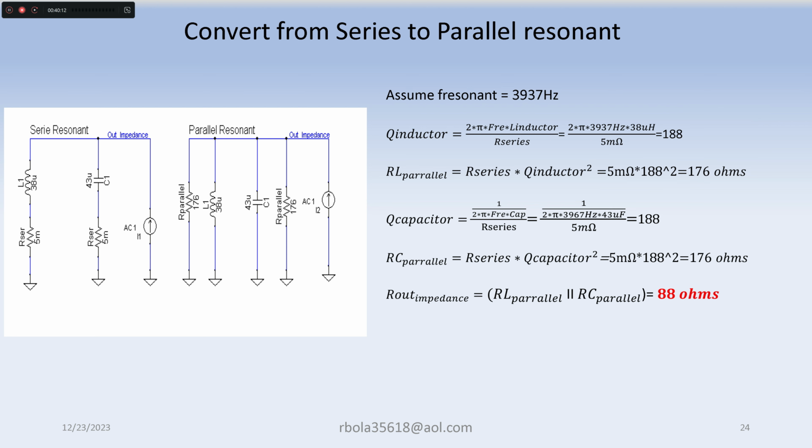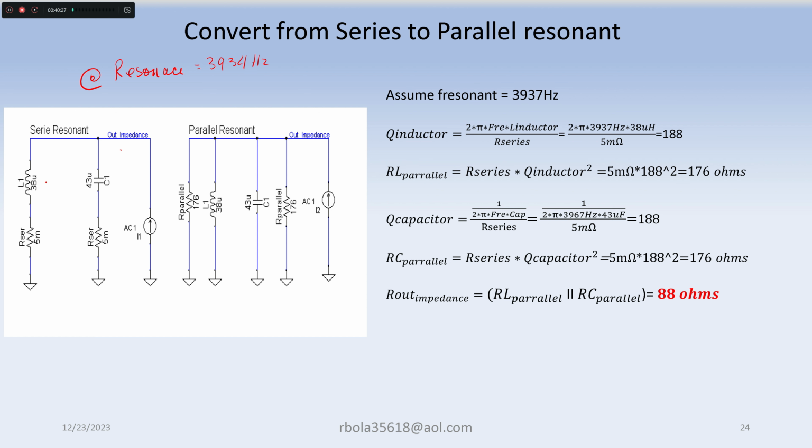Now, this is all assuming that we are at resonance, and resonance is at 3934. What I did is I separated the ESR from the inductor and from the capacitor, and these are actually series resonance.